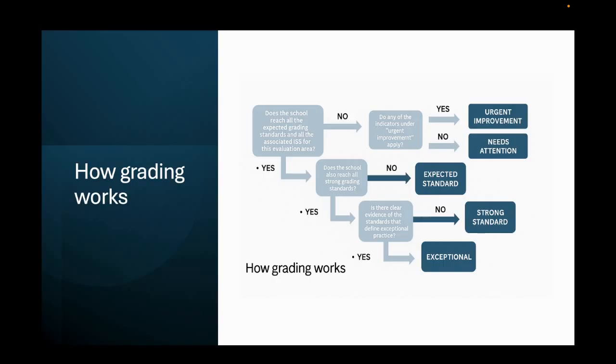Which is great. But if the answer to the first question is no, then do any of the indicators under urgent improvement apply to you? Because if they do, then the grade is urgent improvement. If they don't, then the grade needs attention. I hope this is a simple way of putting that across.